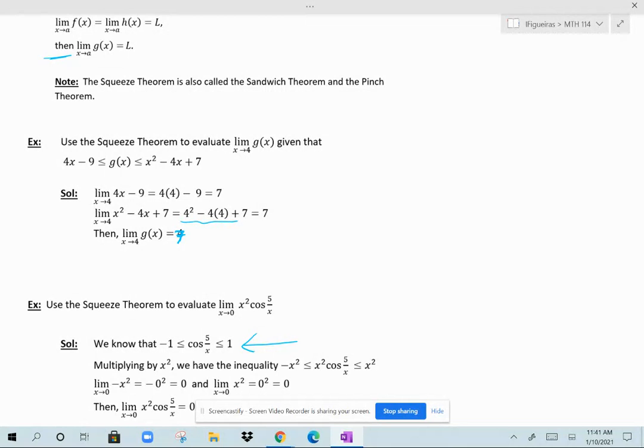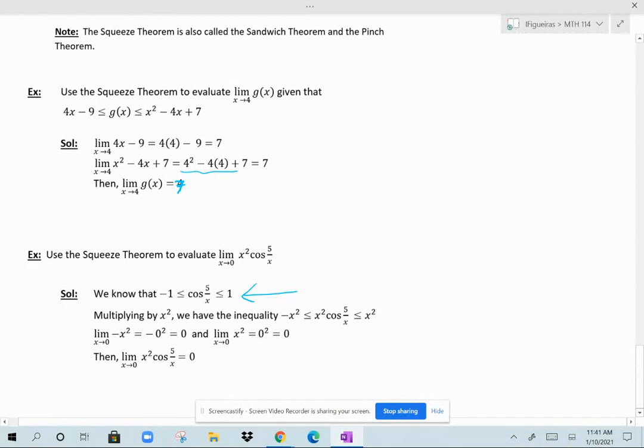Now, because this is an inequality, I can actually multiply the inequality by the piece that's missing. Remember, we're interested in this. I don't have an x squared in this inequality.